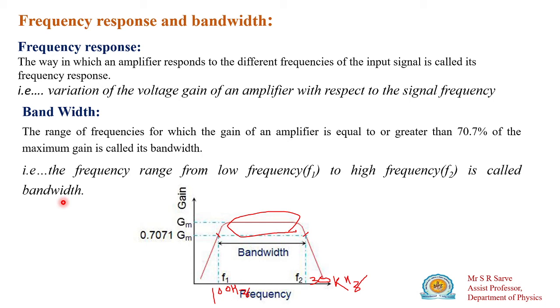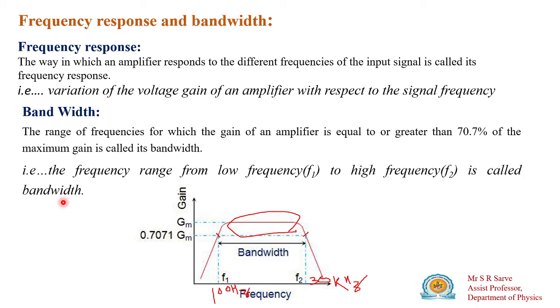So depending upon your multi-stage amplifier, which bandwidth do you want, that multi-stage amplifier you have to use. If you have to use high frequency bandwidth, then you have to use a different amplifier. If you have to use low frequency amplifiers, low bandwidth amplifiers, then you have to use different amplifiers.